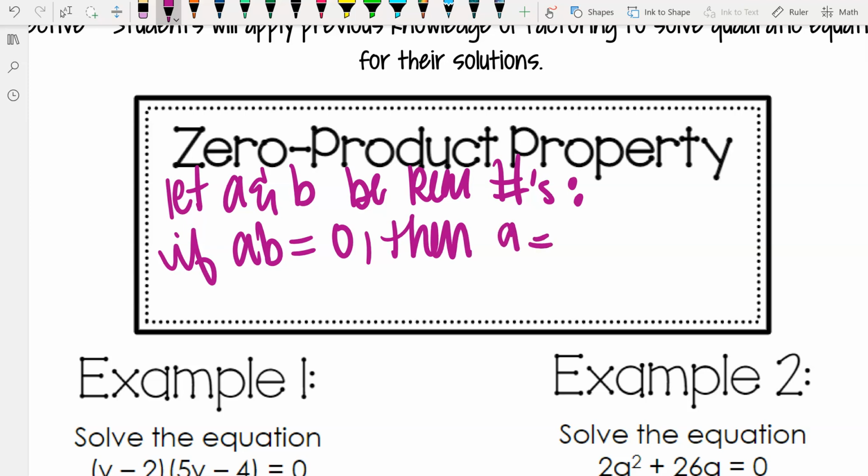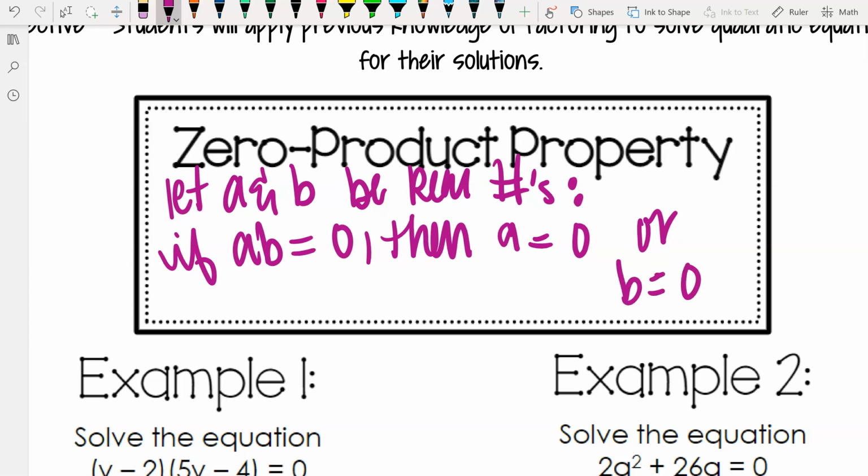So it's either A is equal to 0, or B is equal to 0. I mean, it's possible they both could be 0, but we're really looking for A or B, either or, so two different solutions. Okay, so A equal to 0 or B equal to 0.